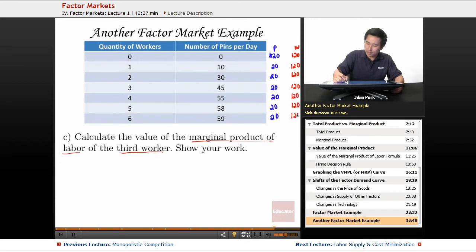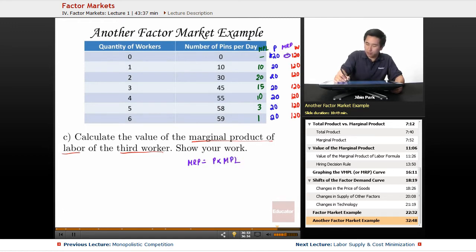Now, how do you find the MPL here? Well, it's pretty easy. The MPL of the first one, there's a dash right here. It would be 10, and then it would be 20, and it would be 15, 10, 3, and then 1. So what is the MRP going to be? The MRP is going to be the price times the MPL.